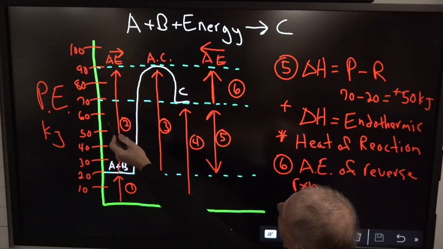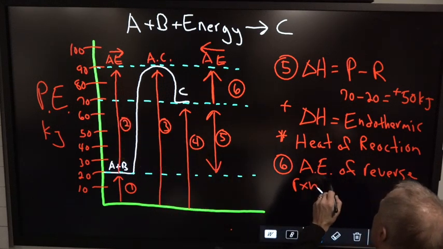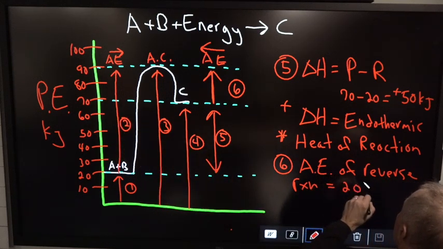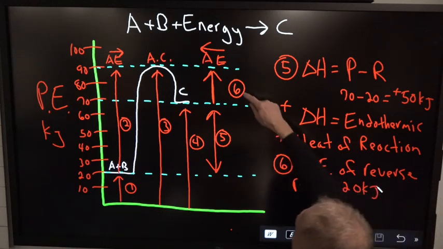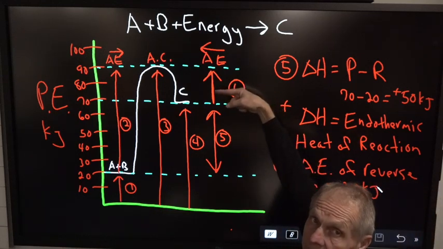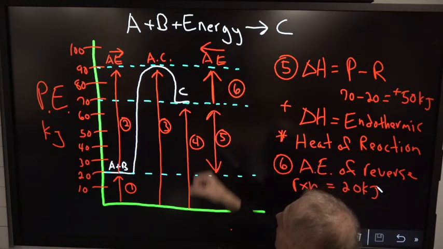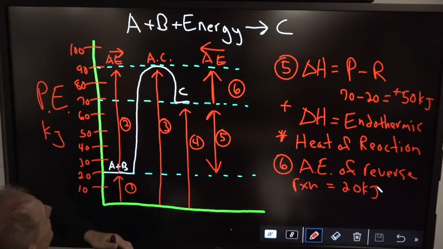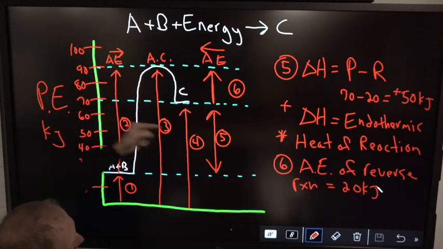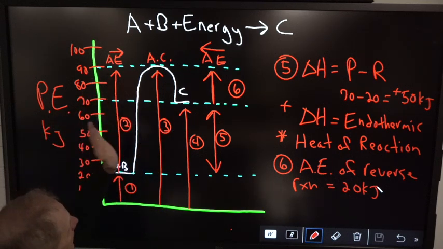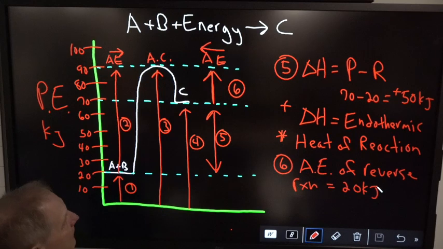And that equals from 70 to 90, that equals 20 kilojoules. So number 6 is the activation energy for the reverse reaction for an exo. Number 2 is the activation energy for an endo. So here is the graph. Now we have to do a couple things.